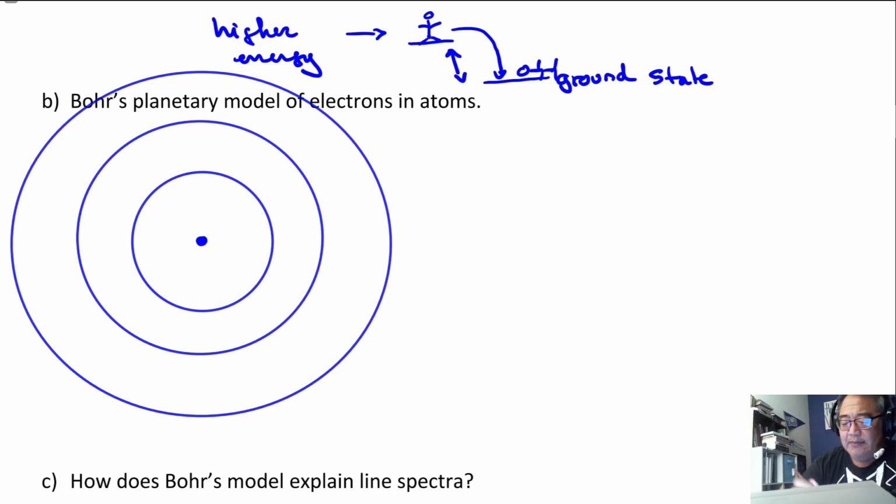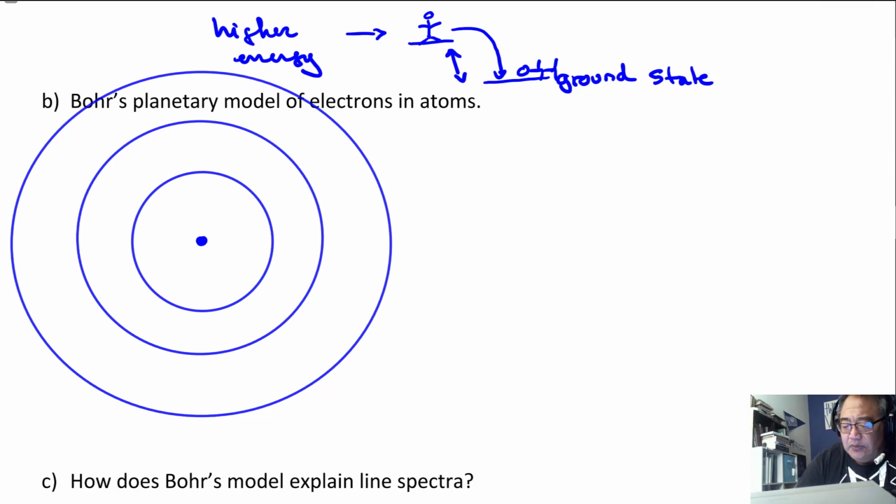The nucleus in the middle has a positive charge, and the electrons exist in what are equivalent to the orbits of the planets. So later we'll learn that these in modern chemistry are called orbitals, but they got their name from the idea of orbits, even though it turns out things are not actually orbiting like we thought they did back then.